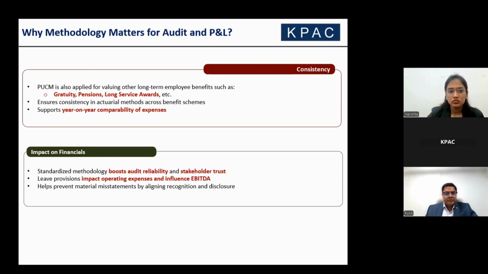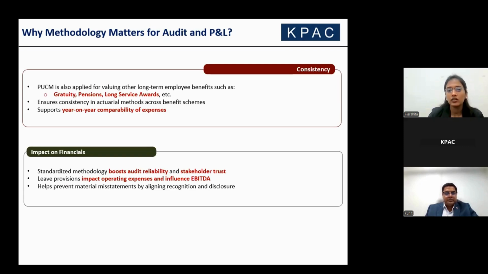And last is impact on financials. The application of a standardized methodology like PUCM significantly boosts the audit reliability and stakeholder trust. When leave provisions are accurately calculated and reported, it avoids material misstatements.